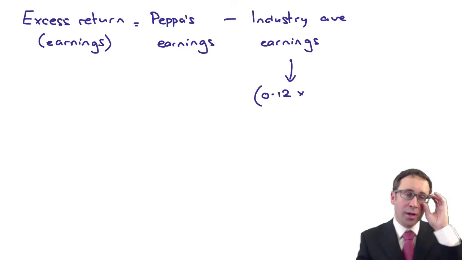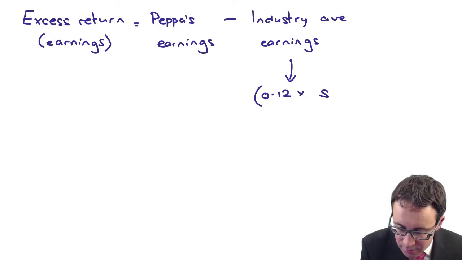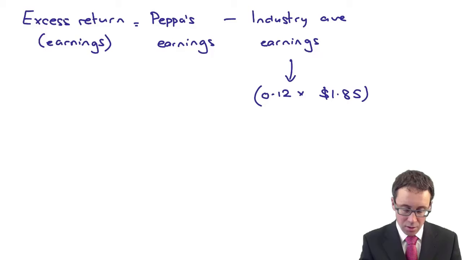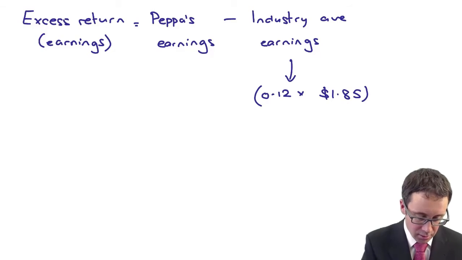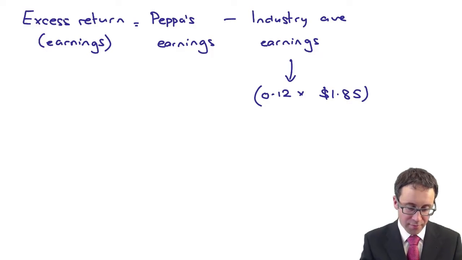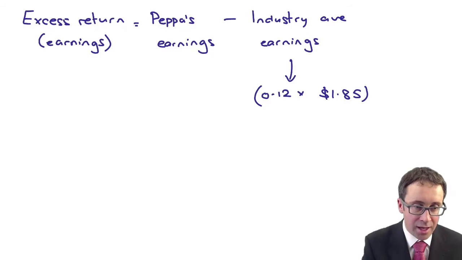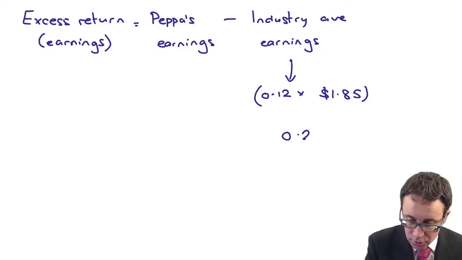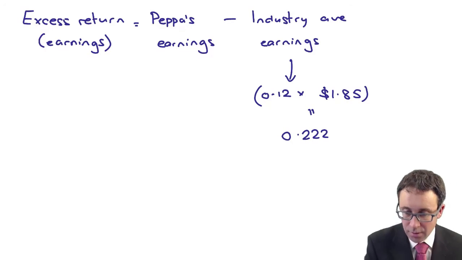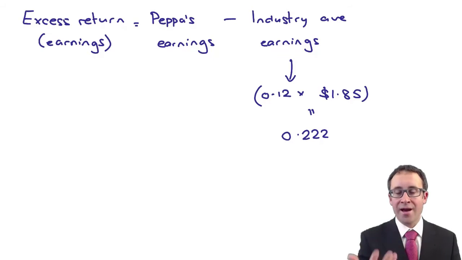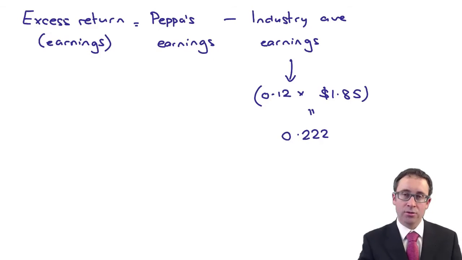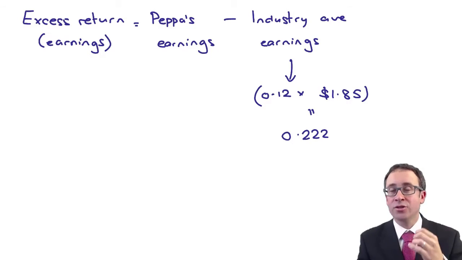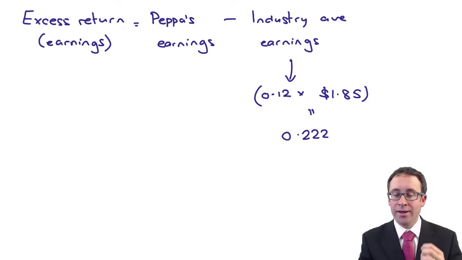If we were generating a 12% return on our assets, then 12% on the 1.85, 0.12 times 1.85, gives me 0.222. That's the industry average return applied to our earnings.